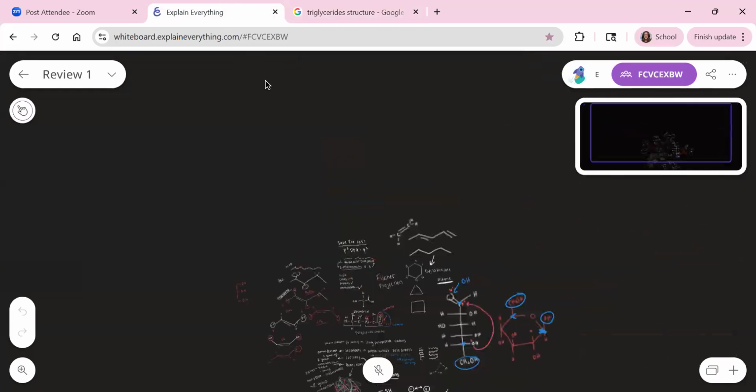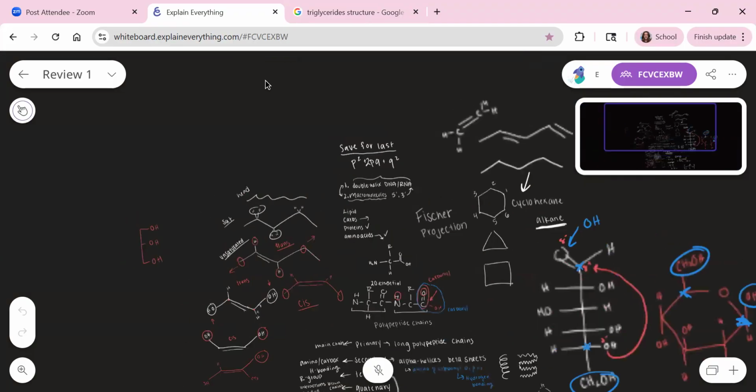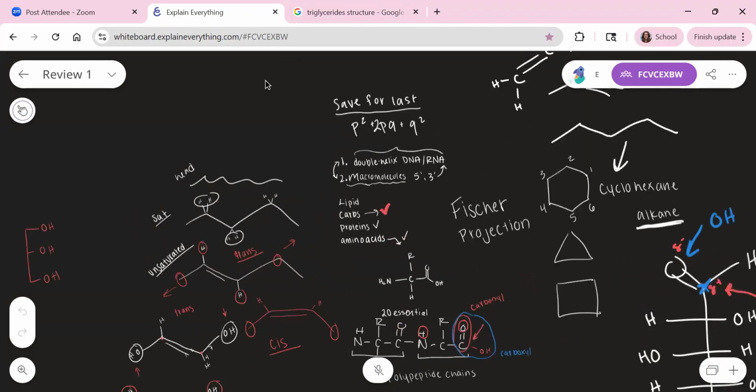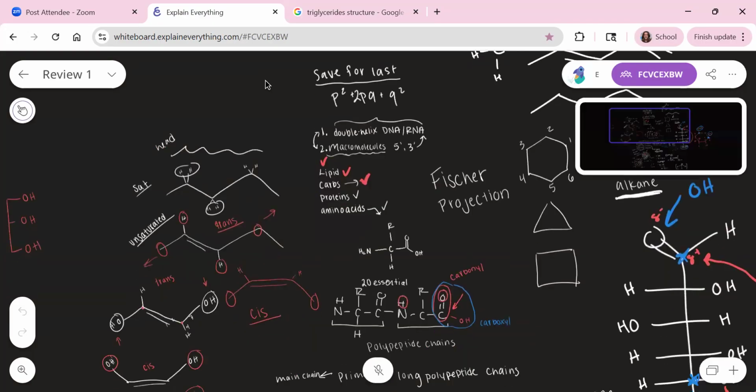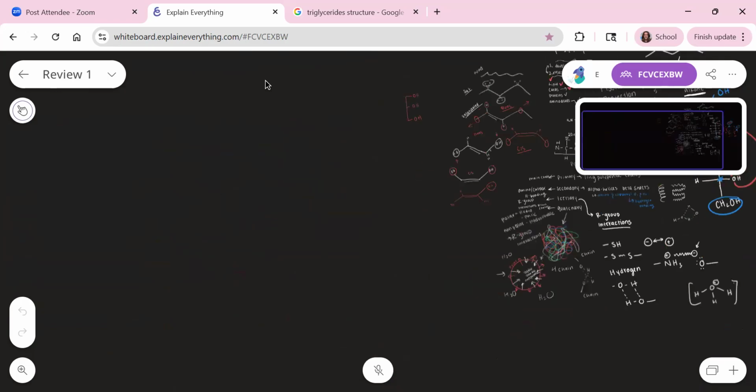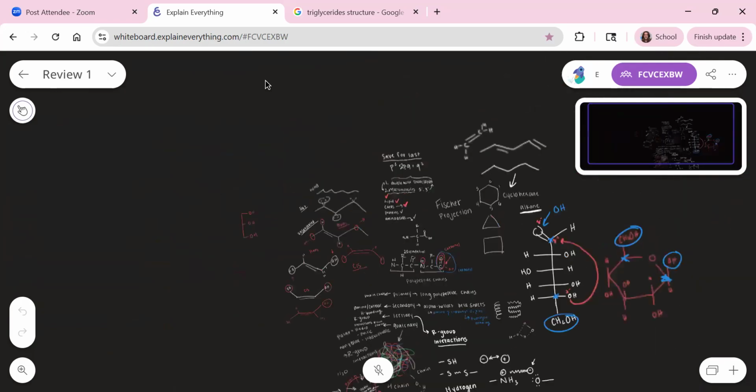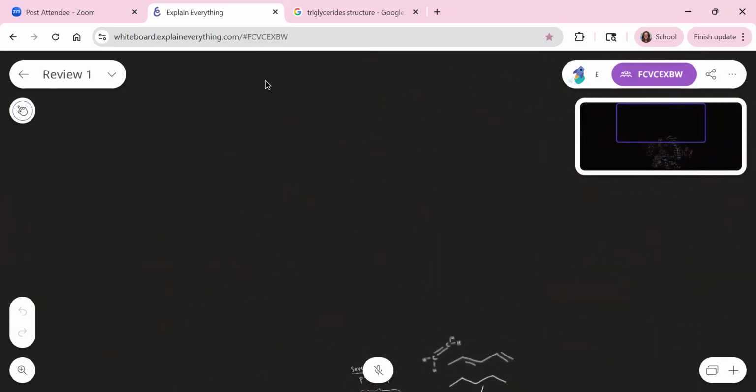Okay, so I think we've basically gone through all of these. Carbs done, lipids done. Okay, let's get into our double helix and then DNA/RNA. We did this. So let's move that down here. Actually, we'll go up here.